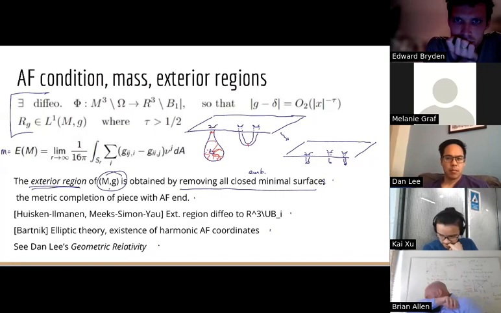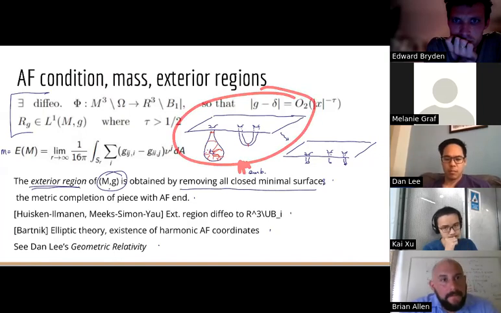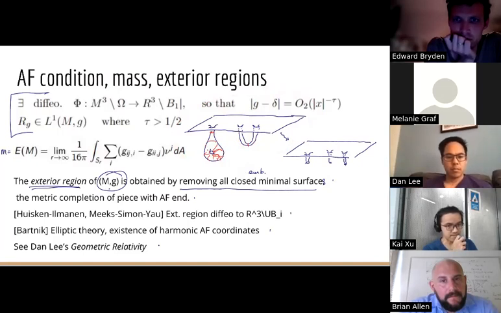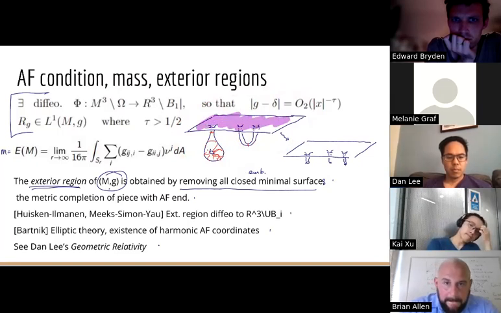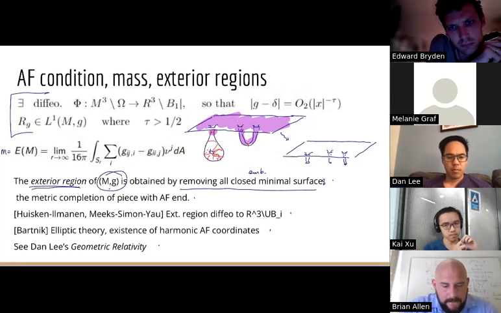Here I have drawn some asymptotically flat initial data set, and there might be zillions of little minimal surfaces all around here. Who knows? There's definitely one in this little neck region, wormhole sort of thing. You delete all of these, and then you just consider the component which contains the asymptotically flat end after deleting all that stuff, which I've drawn here in purple. Then you take the metric completion of what is left, because that was an open manifold, so that it can be a closed thing again.